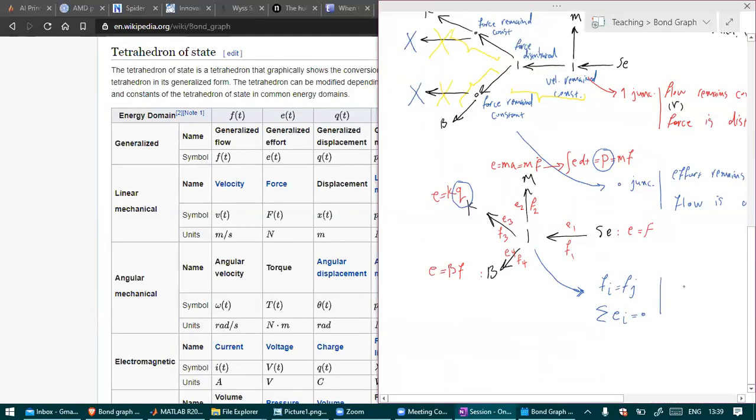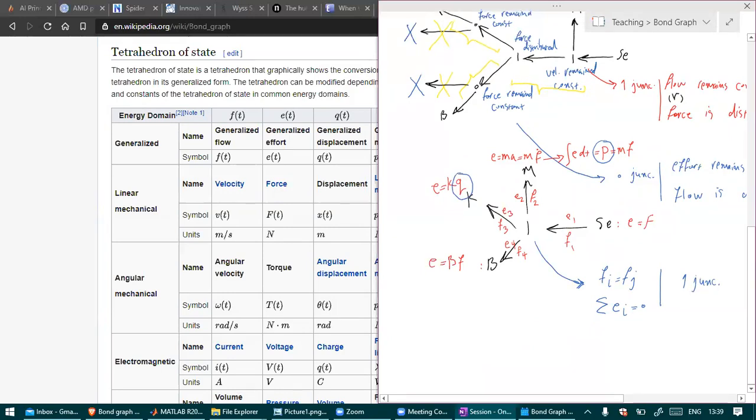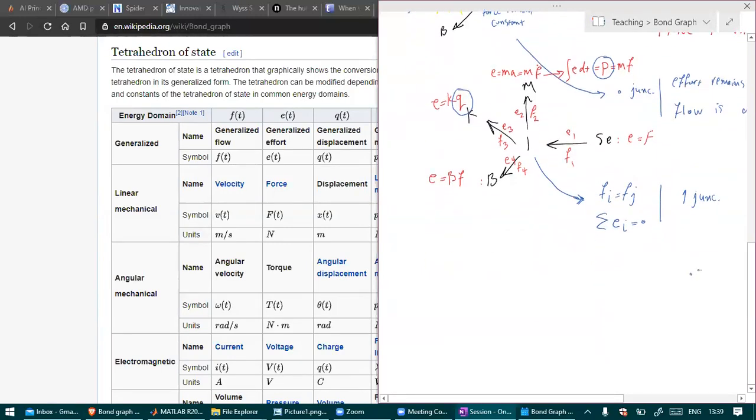This is for the one junction. For a zero junction, this time the efforts are equal, and the summation of flows becomes 0.